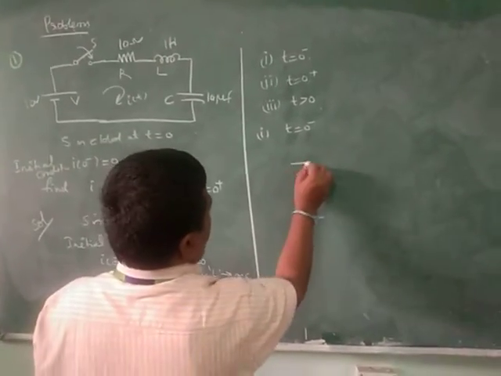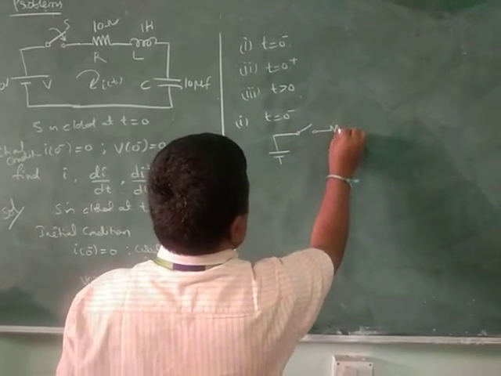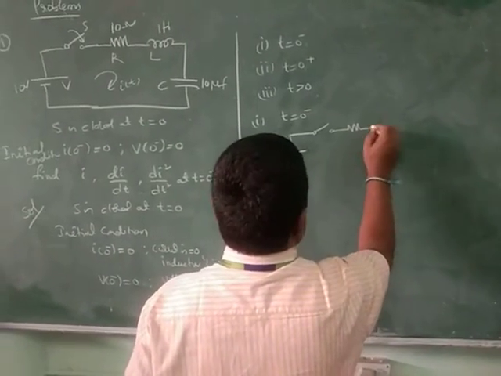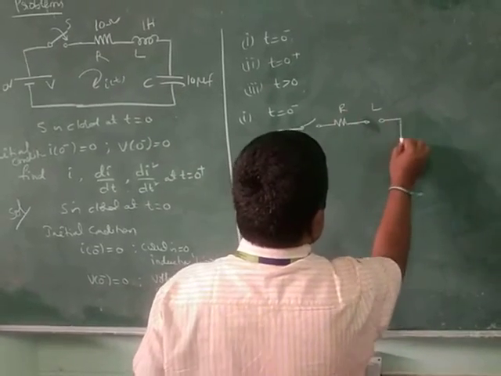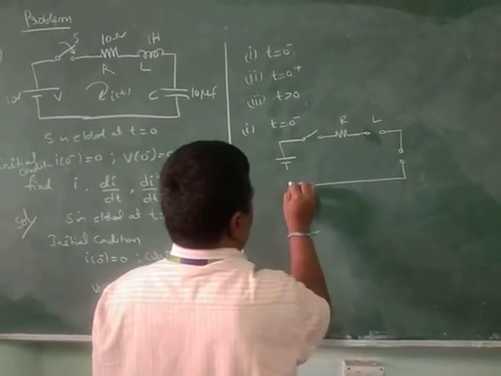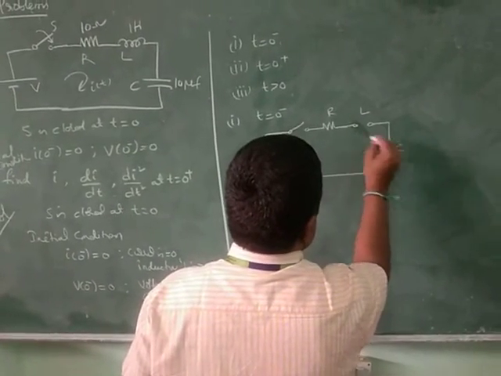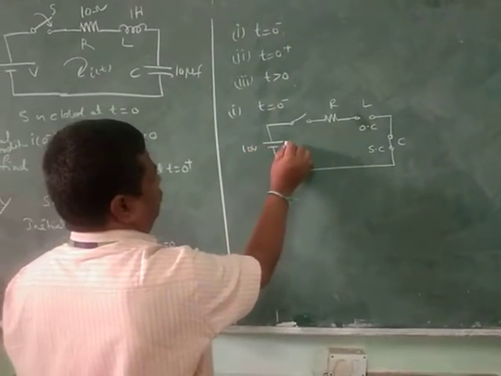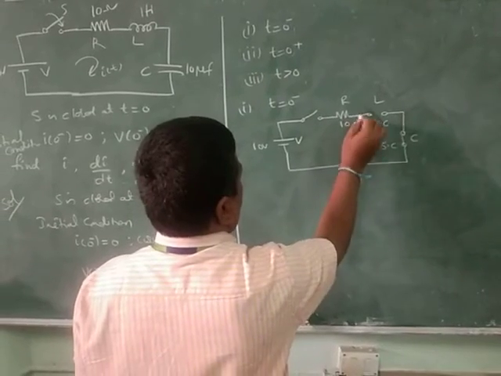I'll draw the figure. Switch S is open, the inductor behaves like an open circuit, and the capacitor behaves like a short circuit. This is the short circuit, this is the open circuit, and this is the voltage source, and the resistor value is 10 ohms.